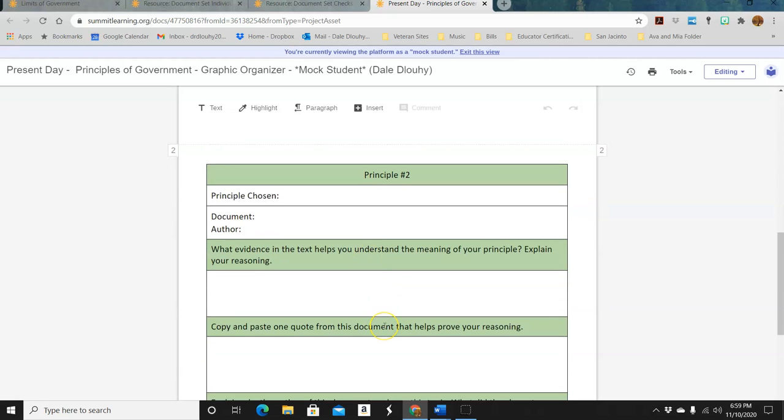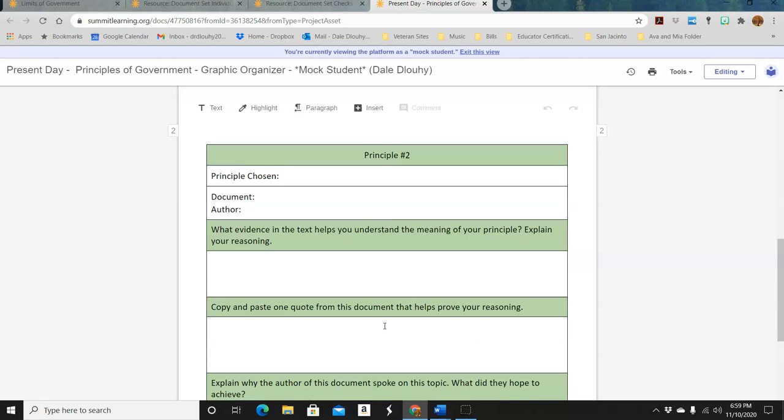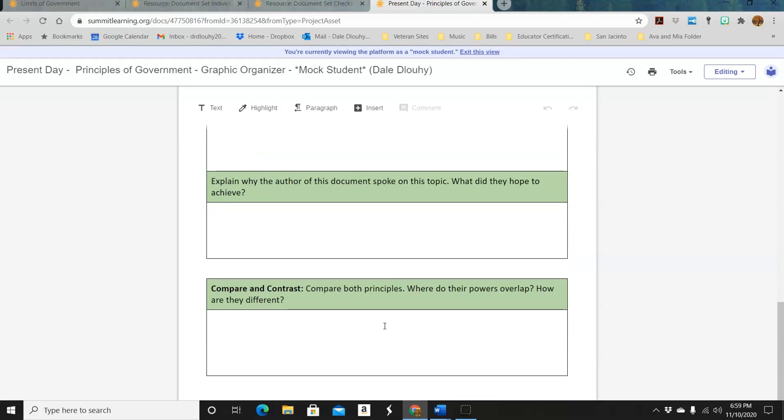Principle 2 would be a paragraph which would be individual rights. And then the last box, you have to compare and contrast. Okay, so compare both principles. Where do the powers overlap? What do they have in common? How are they different? So how is individual rights similar to checks and balances? But then how is checks and balances different from individual rights?